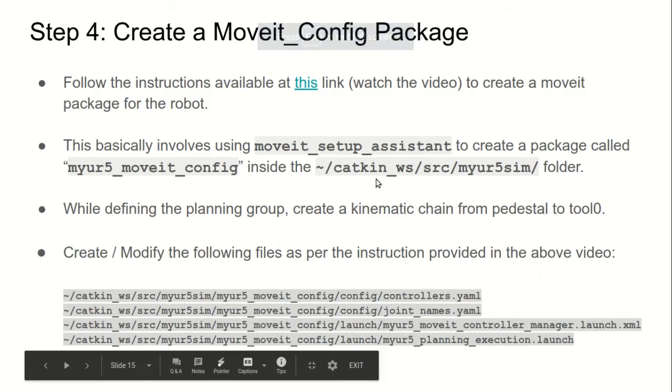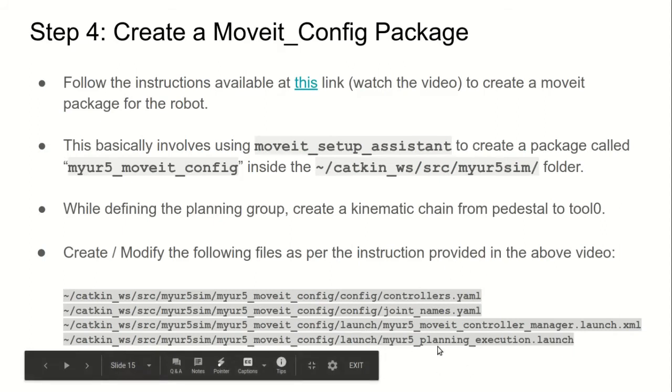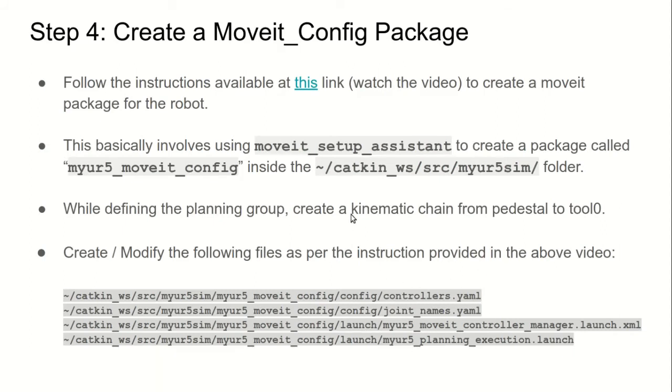Basically we'll start the MoveIt setup assistant, and we create my UR5 MoveIt config inside the src folder, and by following the instructions there, we'll either create or modify these files. Just to note the difference, we will create a kinematic chain from pedestal to tool0.